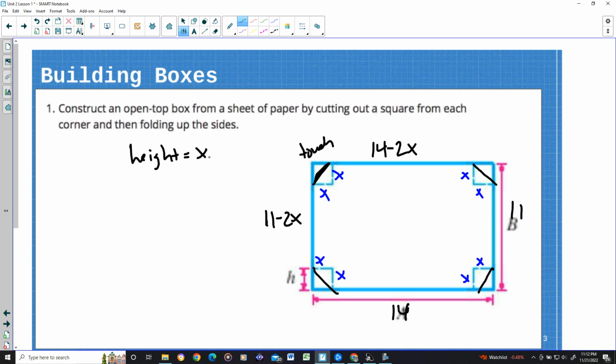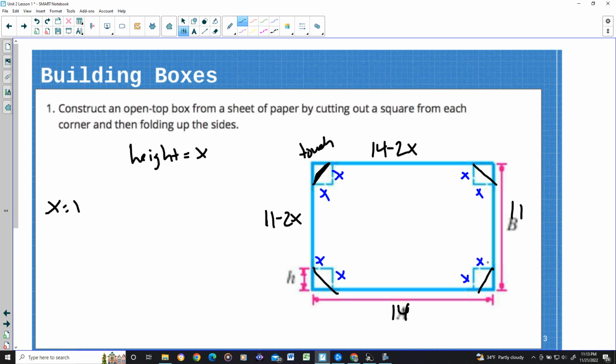Okay, so let's picture what happens in each situation. So let's start, for instance, with x is 1. We're going to cut a 1 inch square out of each side. So if you cut a 1 inch square from each side, how tall is this going to be here? Well, you lost an inch, and you've lost an inch, so the length is going to be 12.